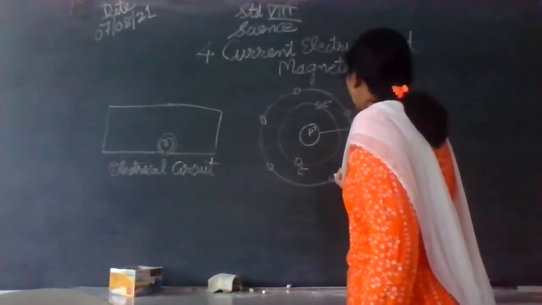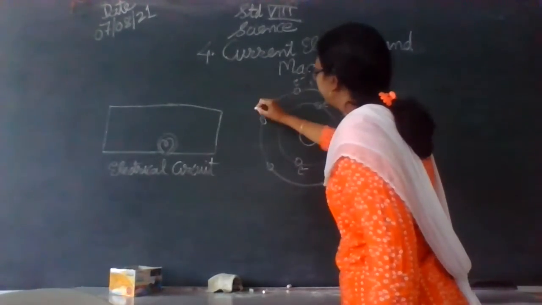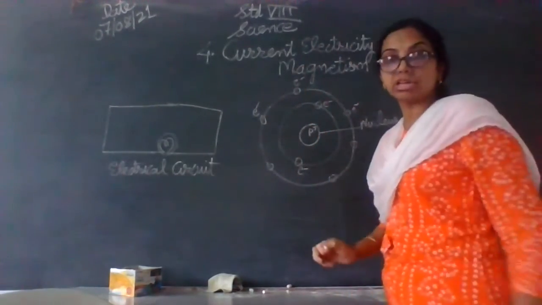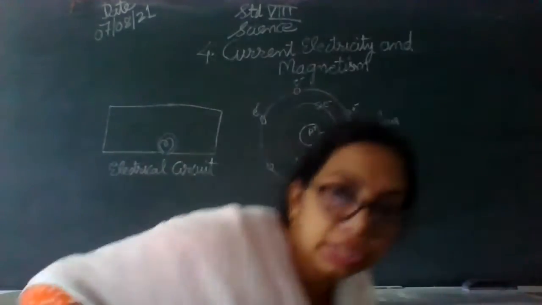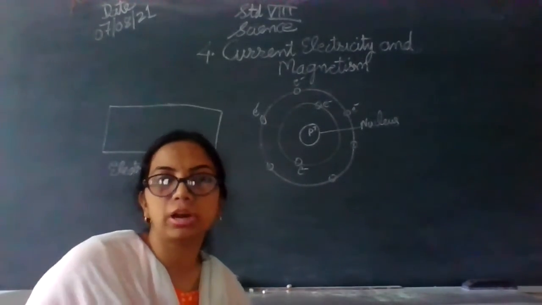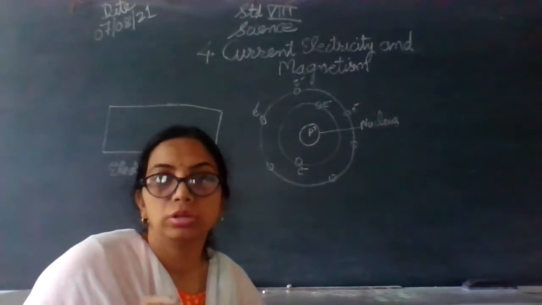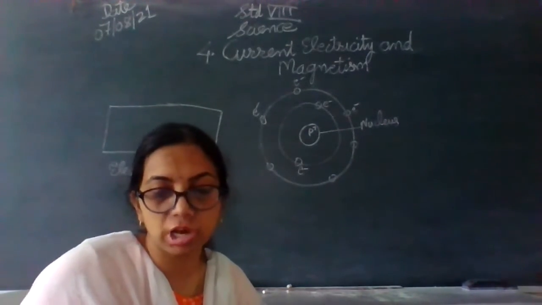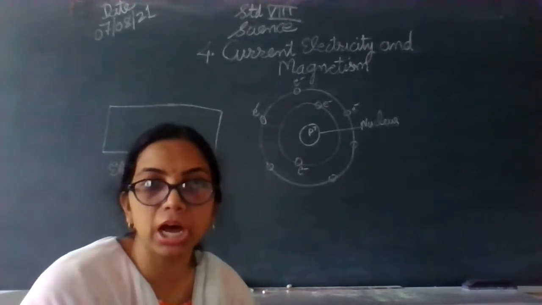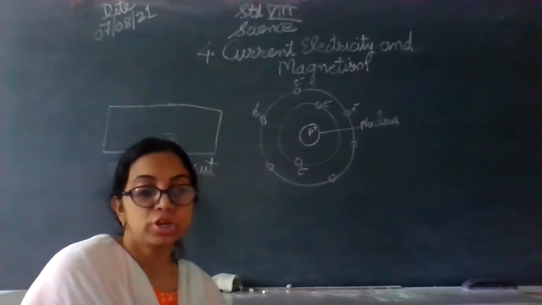Such electrons are revolving in the orbits, just like our solar system, where the nucleus is the sun and all the planets are revolving around the sun in their specific orbits. So the atom structure is also very much similar to our solar system, isn't it?